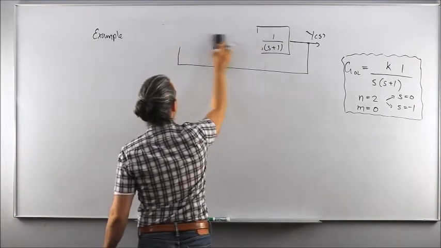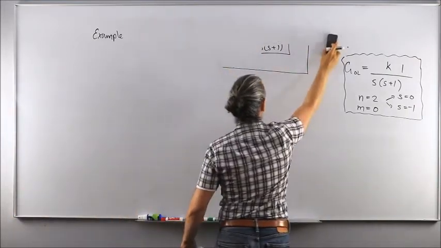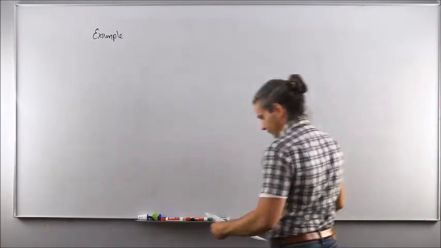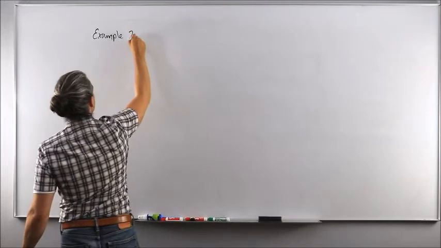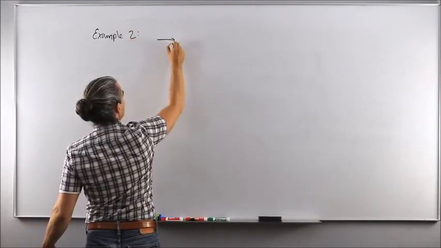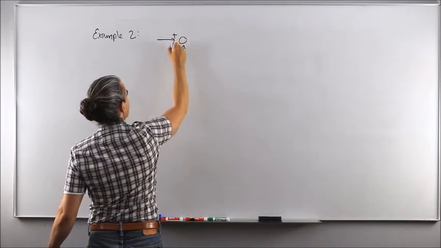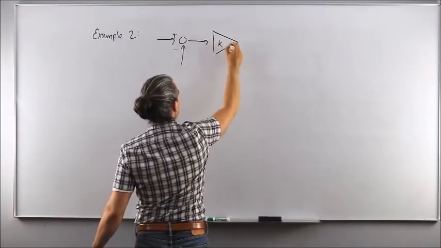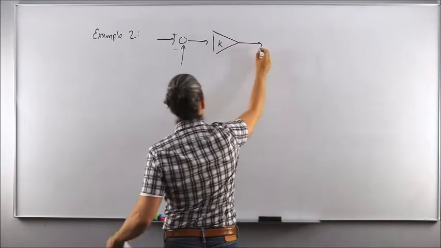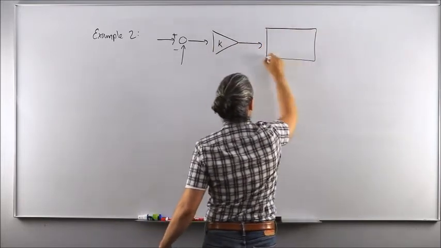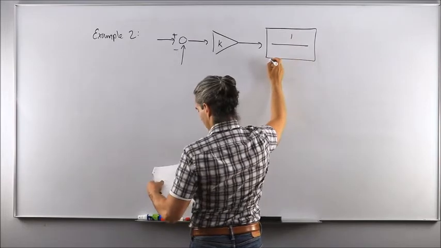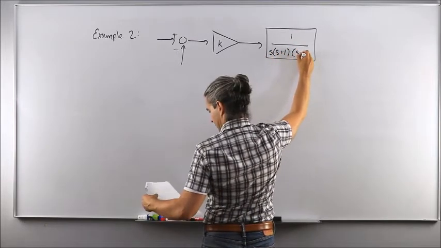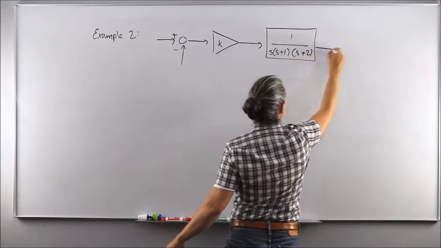This one I'm going to do a bit quicker because by now you should be familiar with all the steps and how to use the equations. For example 2, I'm giving you the following block scheme diagram where you have the open loop gain K, which then goes into the transfer function, 1 over S times S plus 1 times S plus 2.